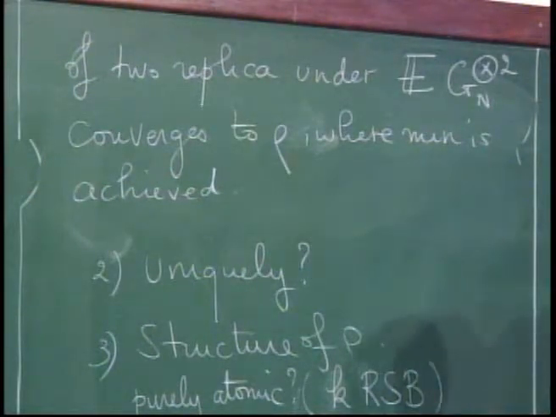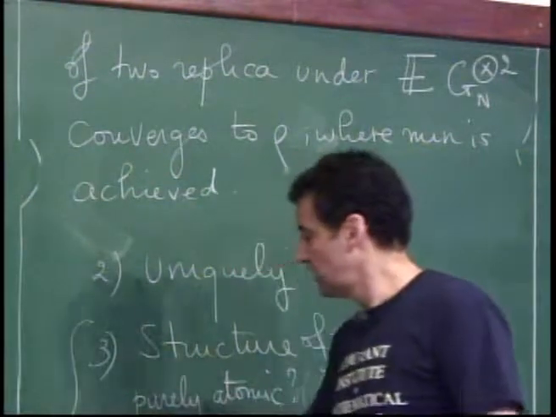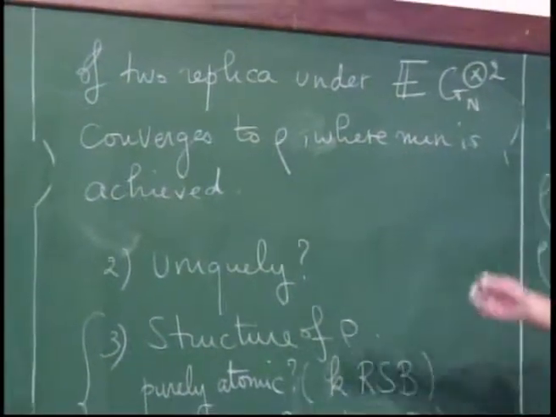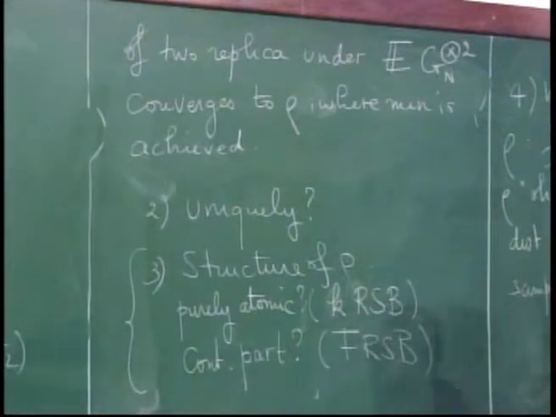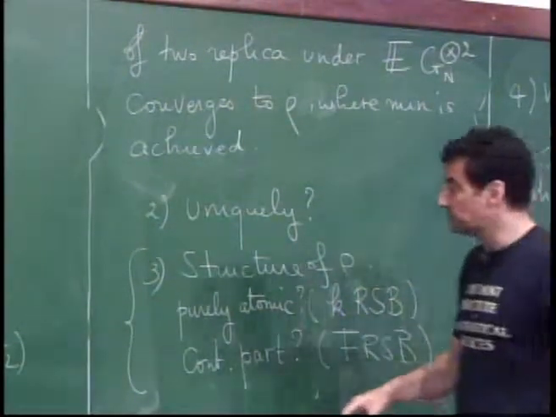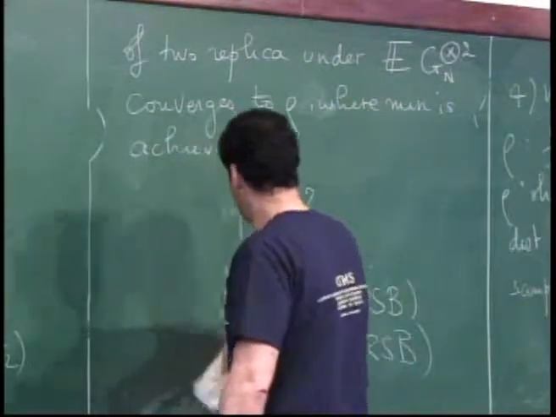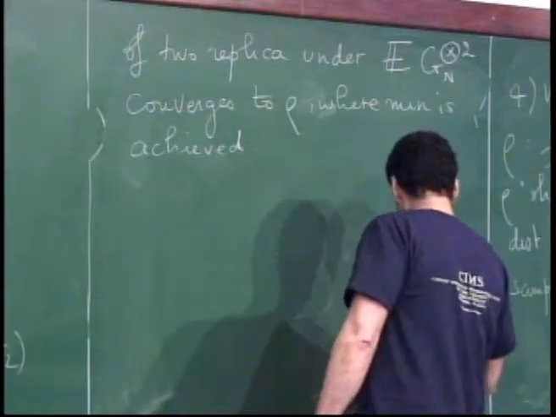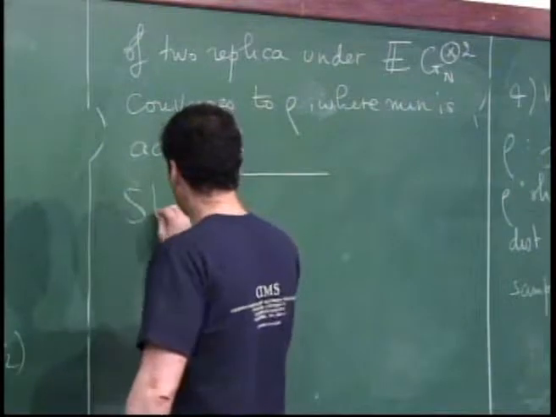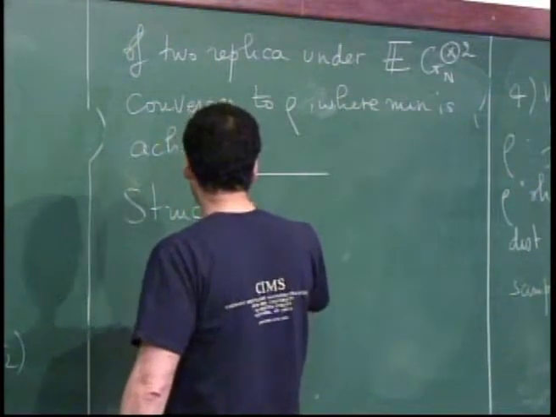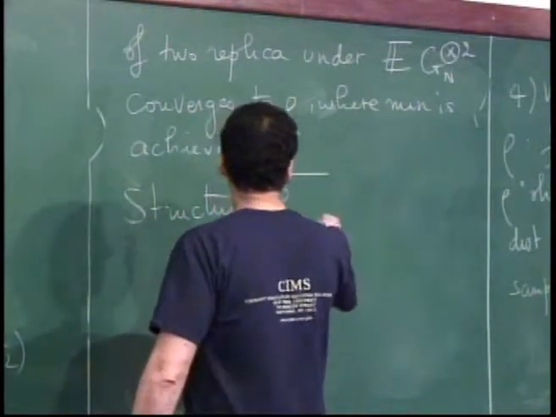What we haven't yet answered is this: what is the structure of rho? We answered questions 1 and 2, but not the structure of rho. In particular, do we have something which is one-step replica symmetry breaking or full?